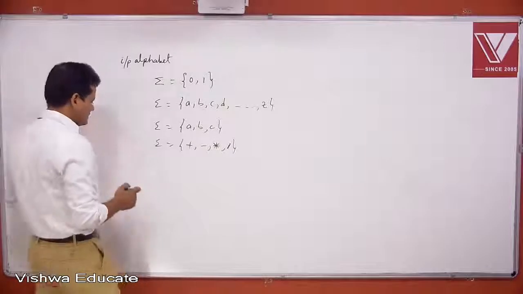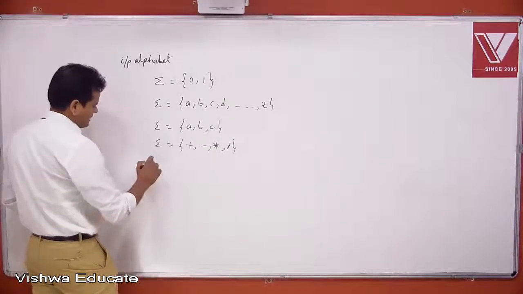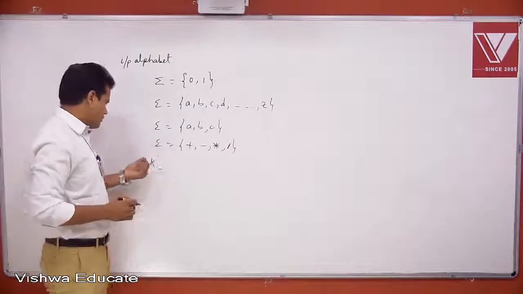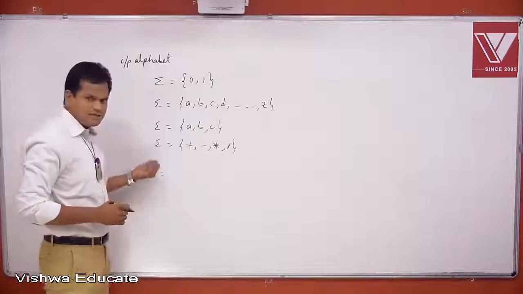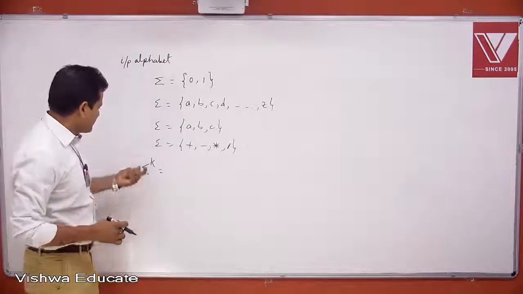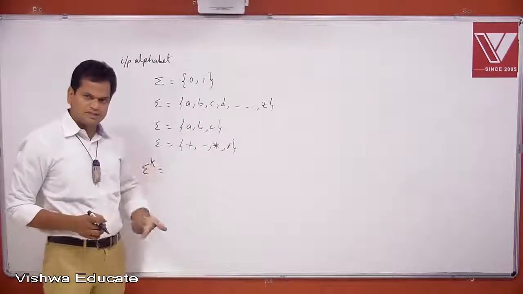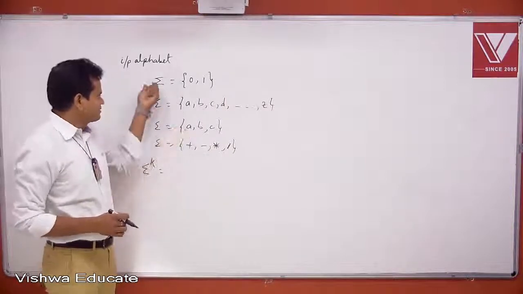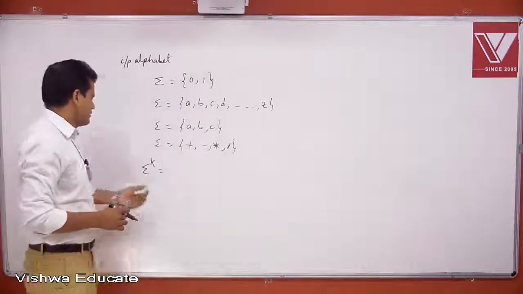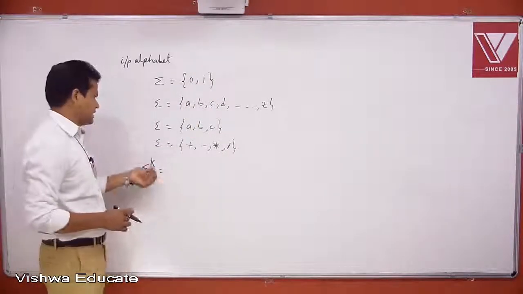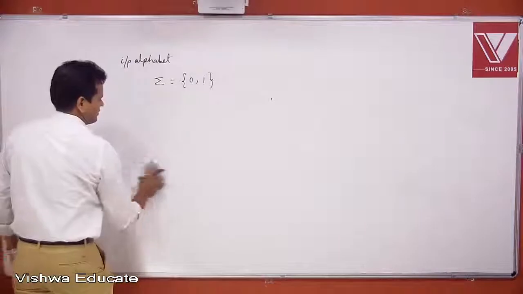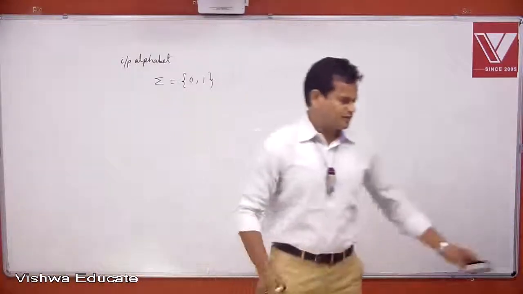Now, what is the meaning of sigma power k? It is the set of all strings over sigma of length k. I repeat, sigma power k is the set of all strings over sigma, suppose sigma is 0, 1, formed from combinations of 0s and 1s, of length k. For example, I am taking sigma as 0, 1.